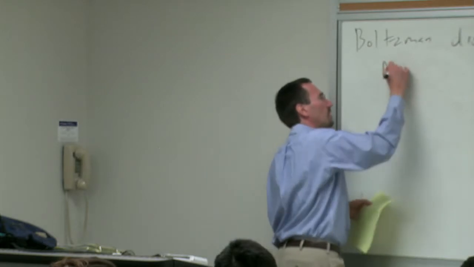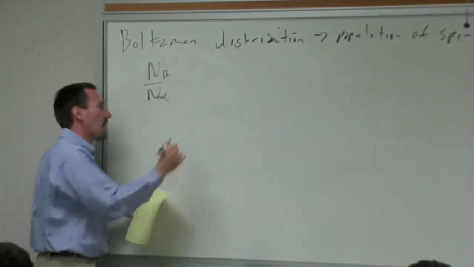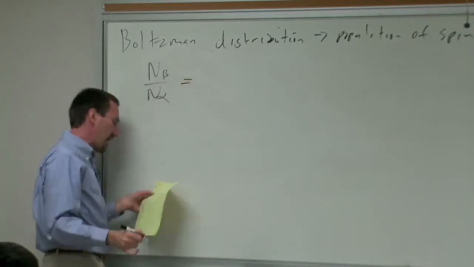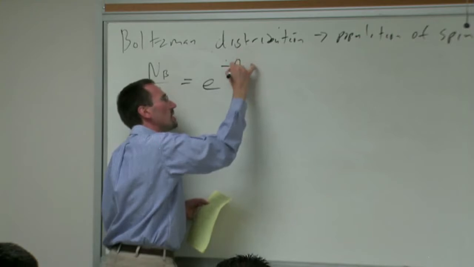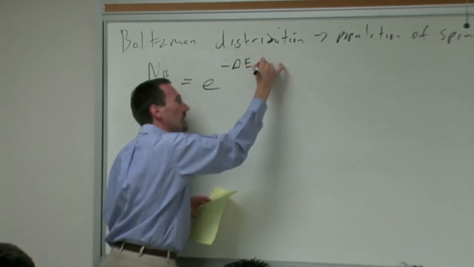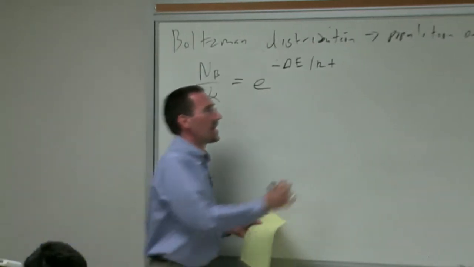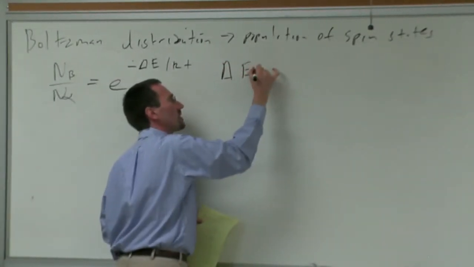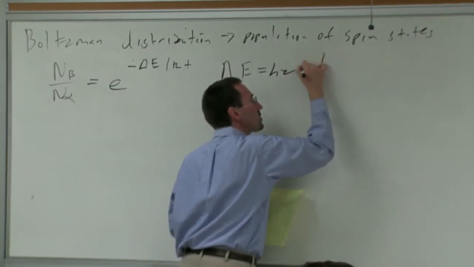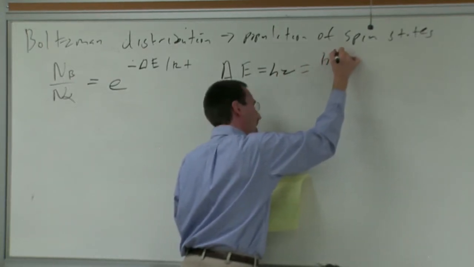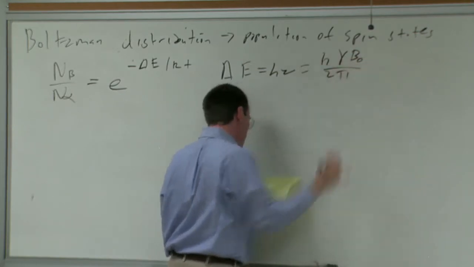both are populated. And if you think back to your pChem and you calculate the number in the beta state versus the alpha state, that's going to correspond to the difference in energy, delta E over kT, where k is the Boltzmann constant. And then if we just remember that delta E equals h nu is equal to h times gamma times B naught over 2 pi.